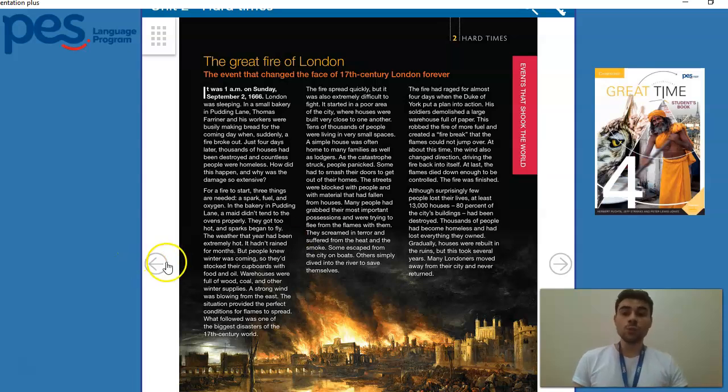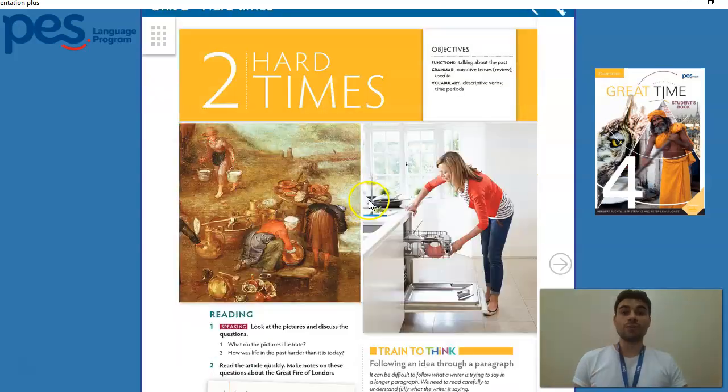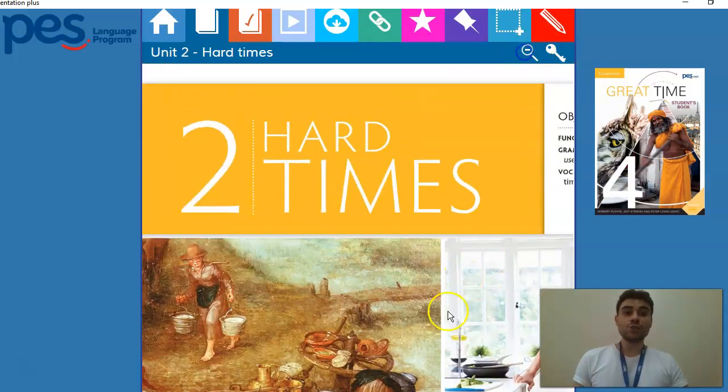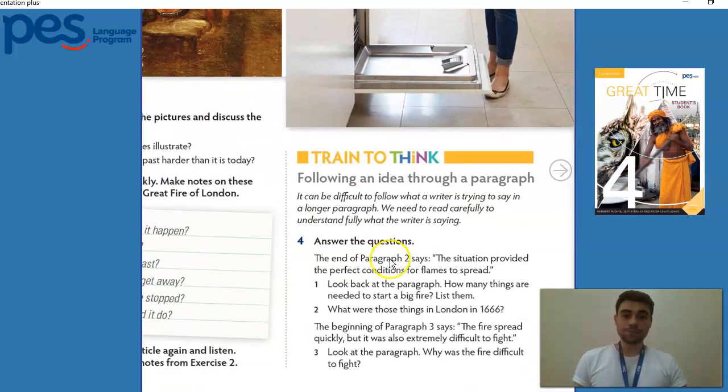So in order to understand the paragraph a little bit better, let's do some activities to train this kind of reading. Here we have: answer the questions. The end of paragraph 2 says, the situation provided the perfect conditions for flames to spread.